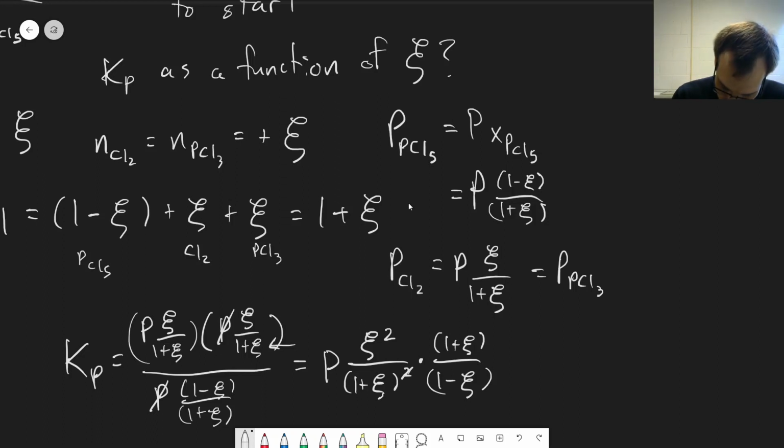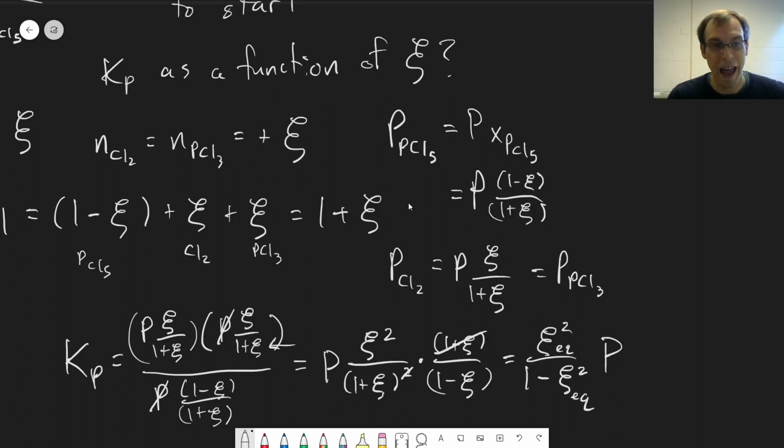So this squared will cancel here, and we'll end up with xi squared over 1 plus xi times 1 minus xi, which is equal to 1 minus xi squared, times the pressure. And one thing I need to emphasize here is that this is xi at equilibrium.